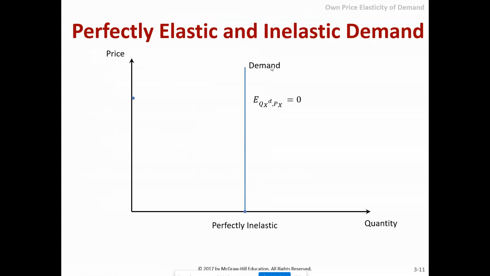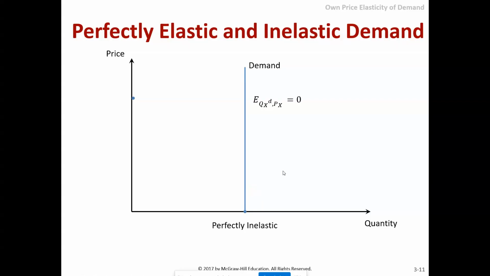There are two extreme situations for elasticity. The first one is perfectly inelastic. Perfectly inelastic means no matter how price changes, price increase, price decrease, the quantity demanded won't respond to it. It's a fixed number.